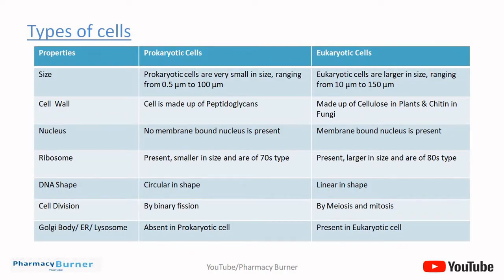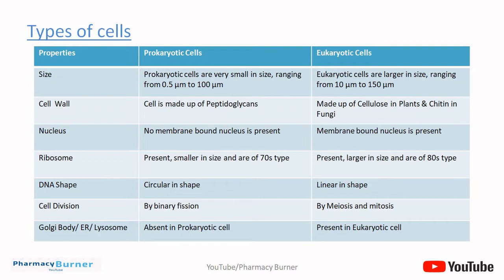Next, we're going to cover the difference between the prokaryotic and eukaryotic cell. First, size. Prokaryotic cells are small in size, ranging from 0.5 micrometer to 100 micrometer, while eukaryotic cells are larger, from 10 micrometer to 150 micrometer.